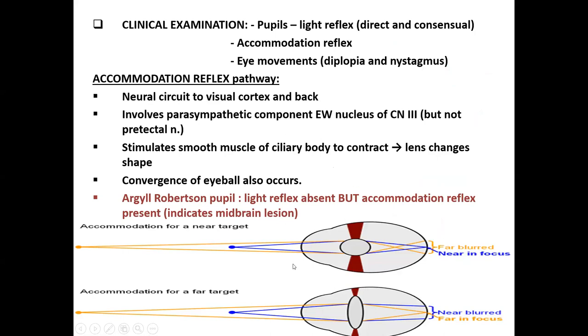The accommodation reflex is connected to the ciliaris muscle. Again, the same light signals come through the optic nerve, but the motor is carried through the oculomotor nerve.